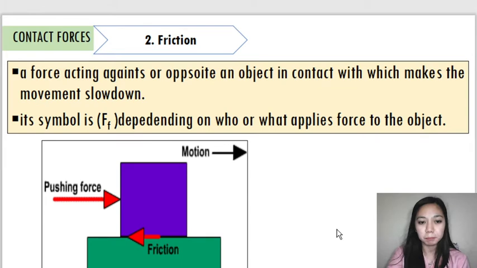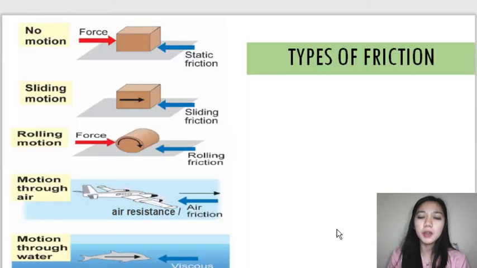Okay? Next, we also have different types of friction. We have static friction, sliding friction, rolling friction, air resistance, and viscous friction. For the static friction, let us say you are trying to push a box. Pero dahil sobrang bigat ng box, hindi mo siya ma-move, hindi siya gumagalaw.